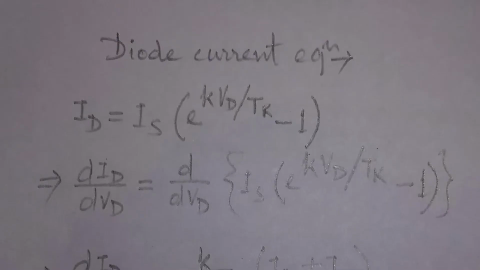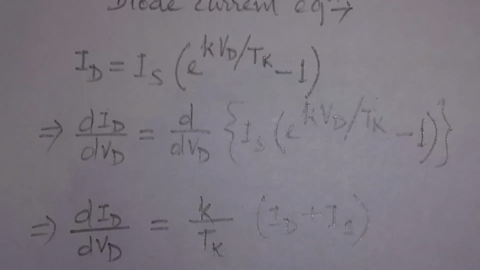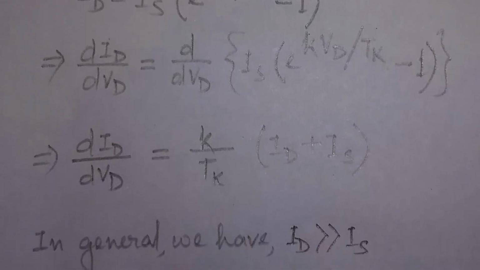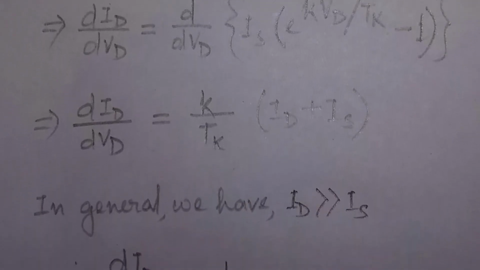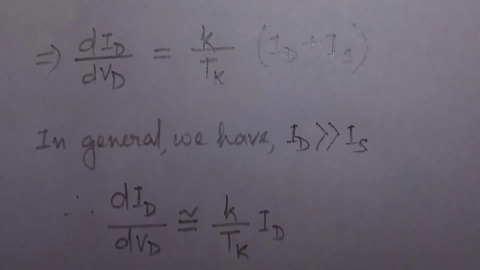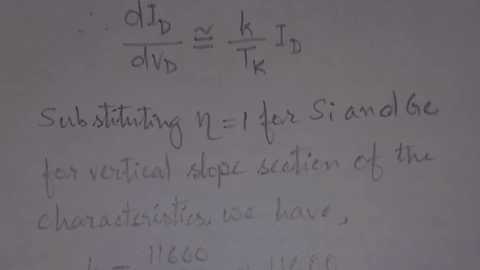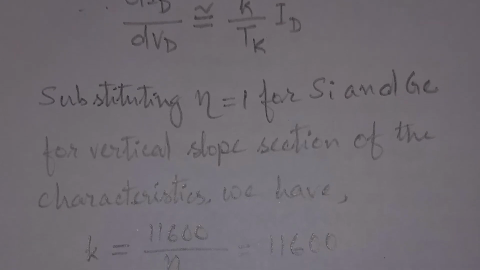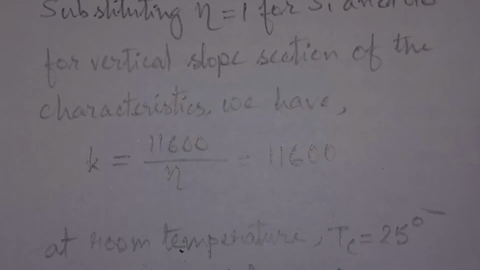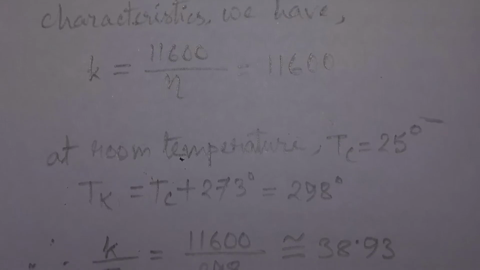Let us consider the diode equation, and derive an expression for RD. Substituting eta equal to 1 for silicon and germanium for the vertical slope section of the characteristic, we have small k value equal to 11,600.